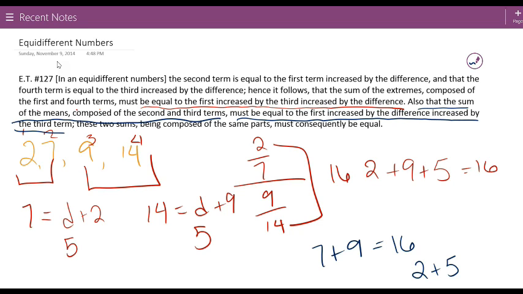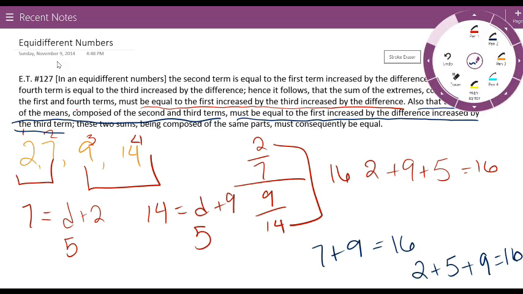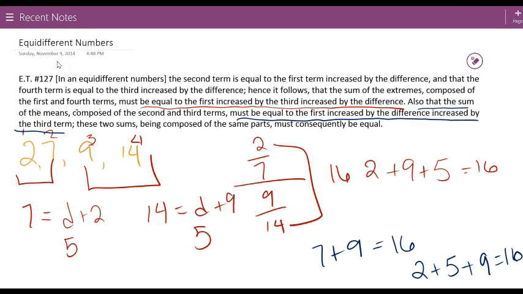Oh, I'm sorry, 2 plus 5 plus 9, there we go, equals 16. That's fine. And then, let's get rid of that line. These two sums, being composed of the same parts, must consequently be equal.